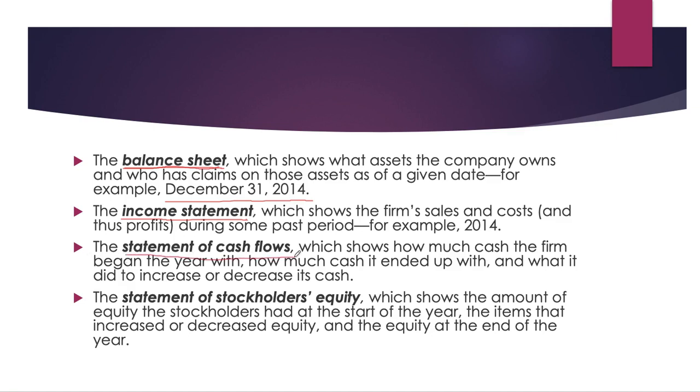Then we have the statement of cash flow. This one shows how much cash the firm began the year with and how much cash it ended up with, and what it did to increase or decrease its cash. Maybe the company's operating cost has increased, so it has less cash, or maybe it has liquidated some of its assets, so it has more cash.